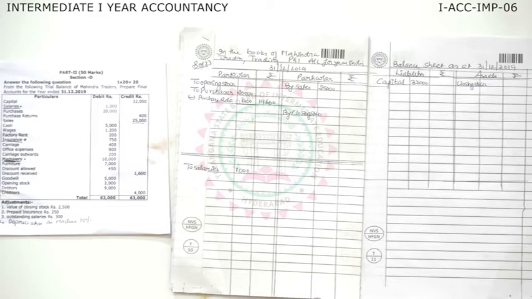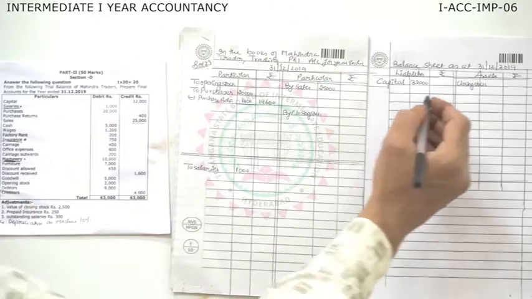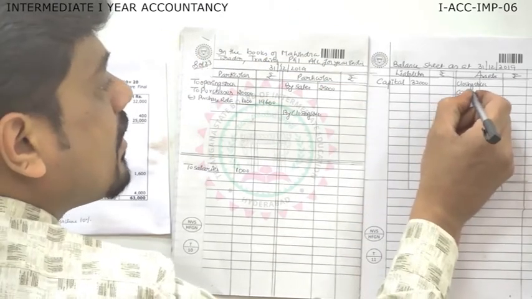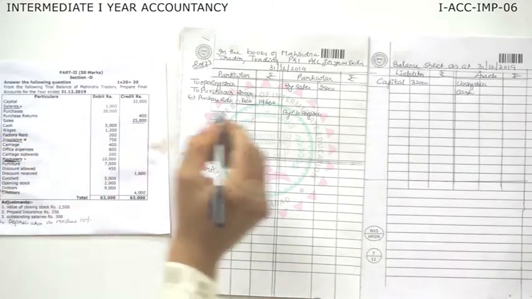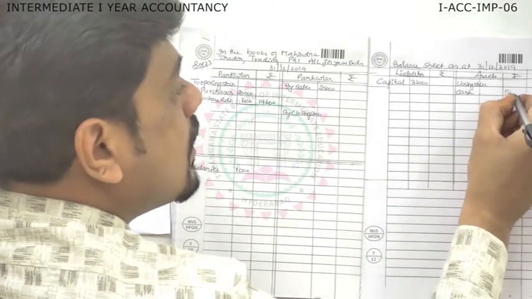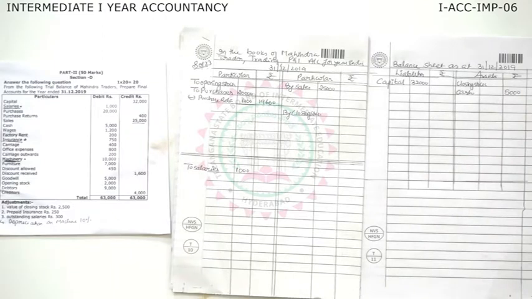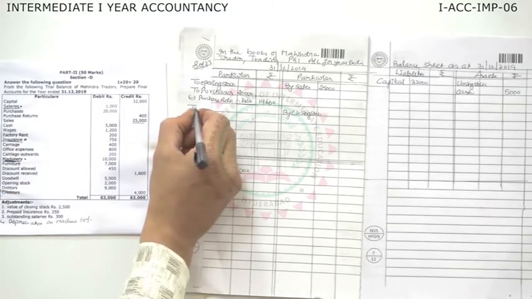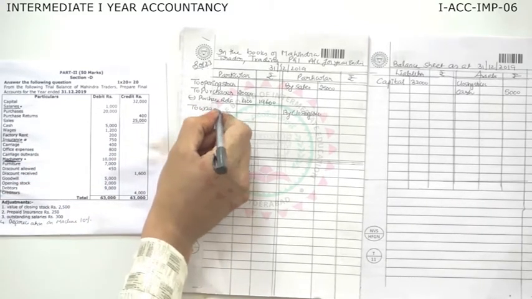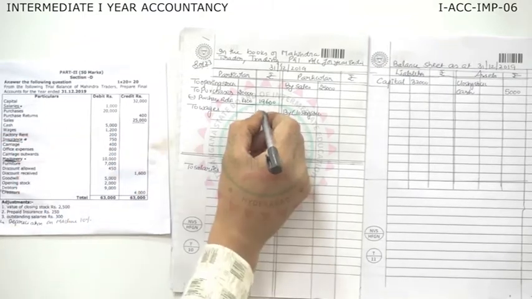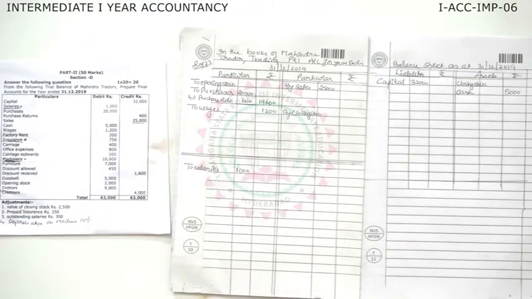Then cash. Cash is an asset. So go to asset side and write cash. How much is cash given? 5,000. No adjustment, outer column. Then wages. Wages are direct expense and they will come in trading account debit side. Amount is 1200.